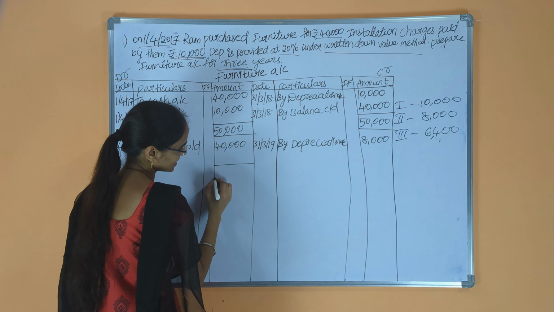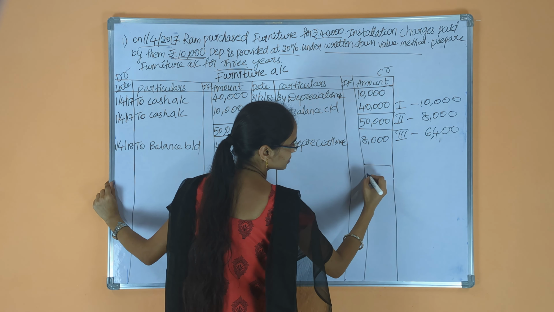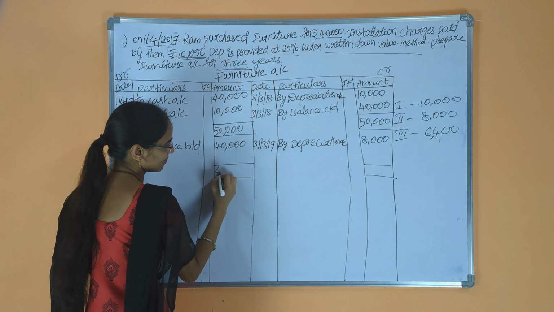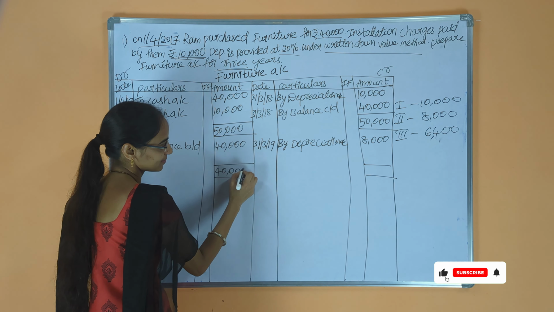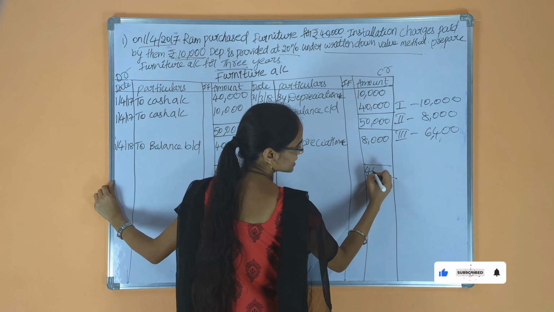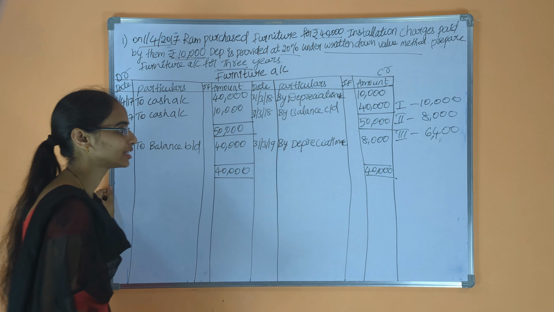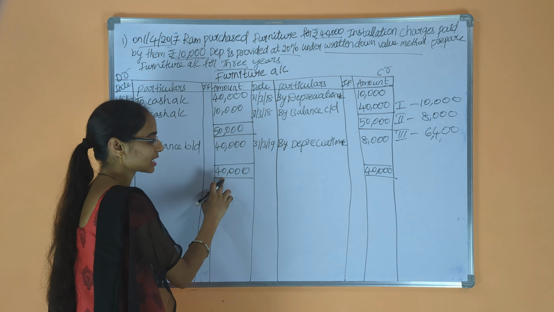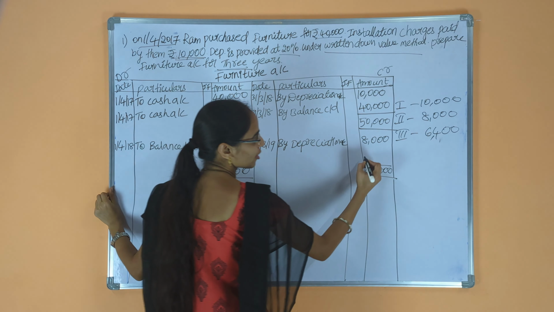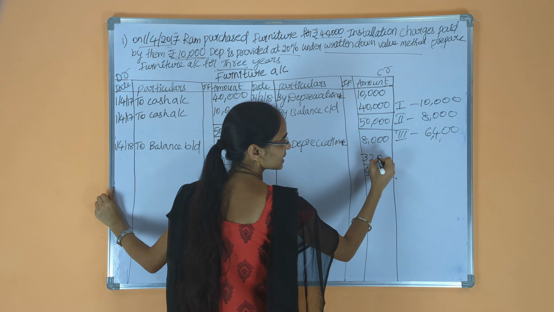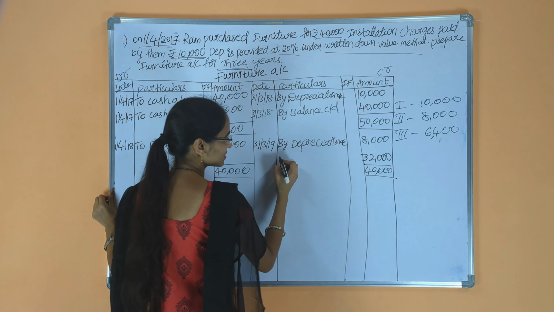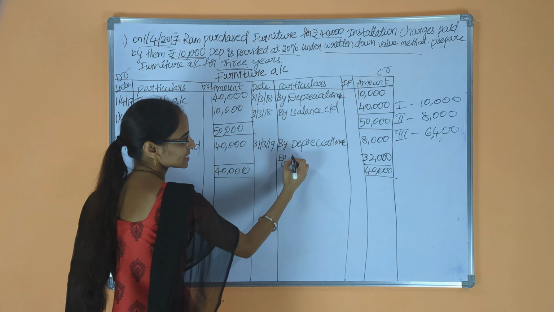Now balance these accounts, both sides. Debit side is 40,000. Credit side is how much amount is there? 8,000. How much amount we need to close this year is 40,000 minus 8,000. How much amount is? 32,000. This 32,000 is the closing balance.